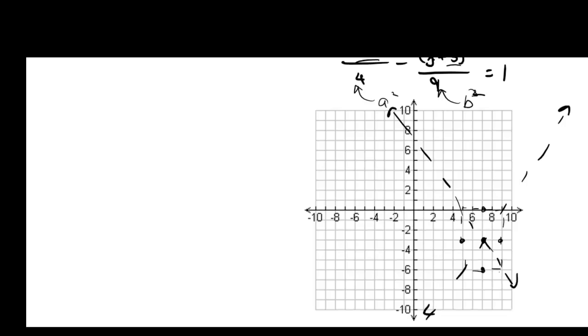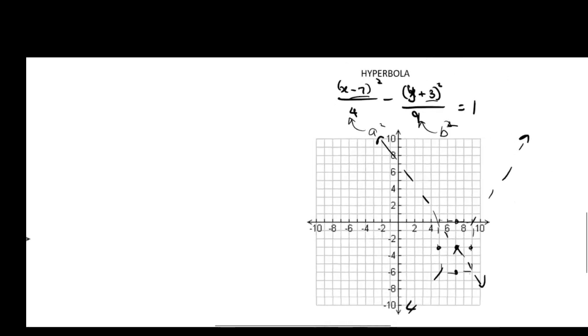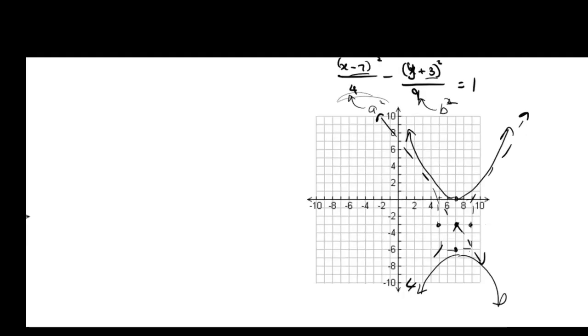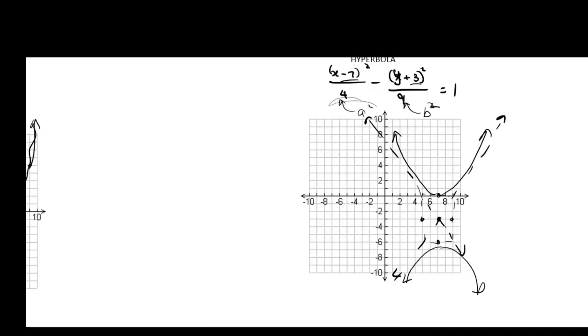And now we can graph the 2 parabolas. So since a is the positive one, we know that it will go along the x-axis, and this is how we graph our hyperbola.